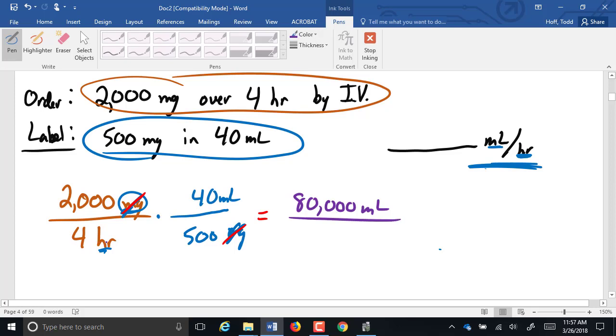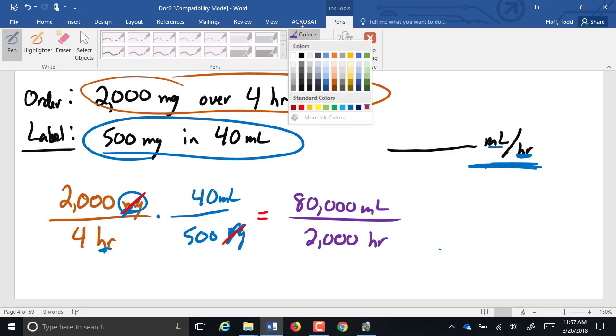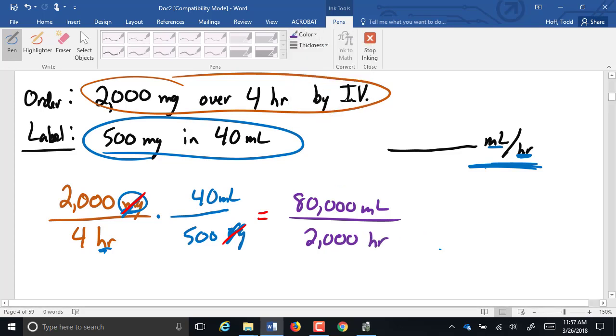On bottom, we have 4 hours times 500 is 2,000 hours. That divides out, giving us 80,000 divided by 2,000 is 40 milliliters per hour.